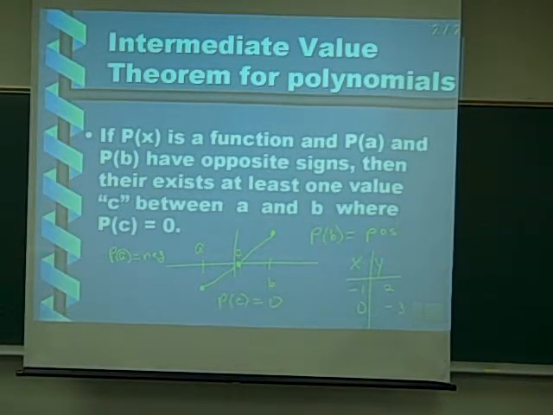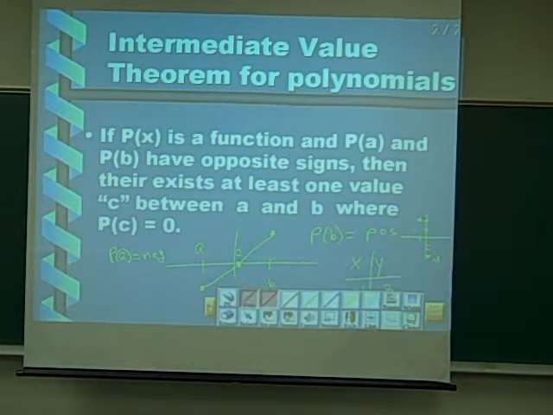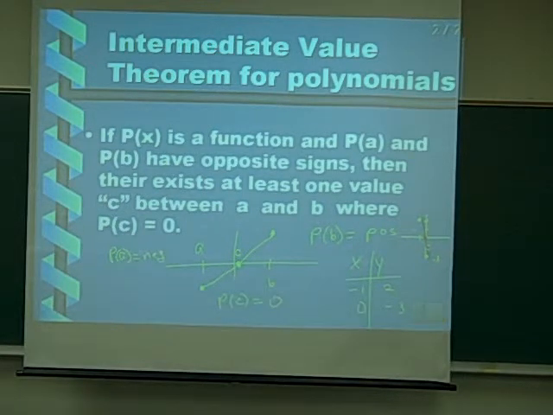Well, that means that in our graph, here's -1, 2, and here's 0, -3, there had to have been some point in between -1 and 0 that crossed the x-axis. It may not have shown in the table of values, but you know it has to be there. Okay, and that's all that's saying.